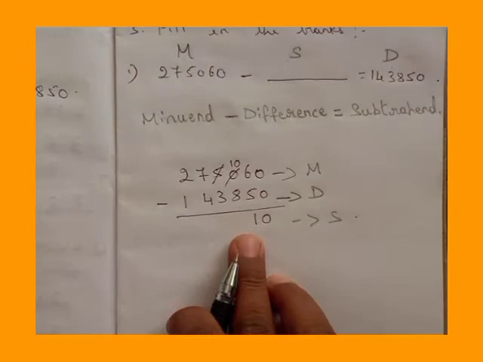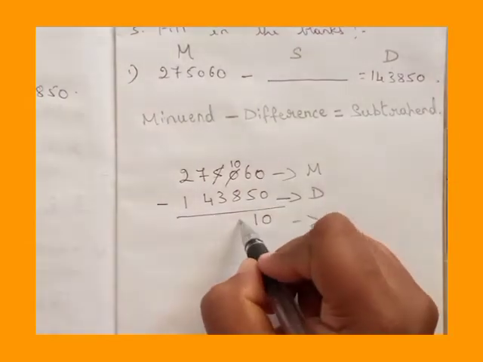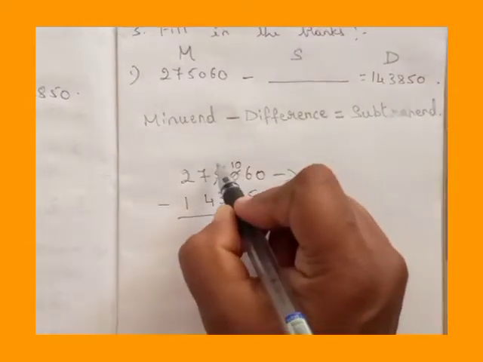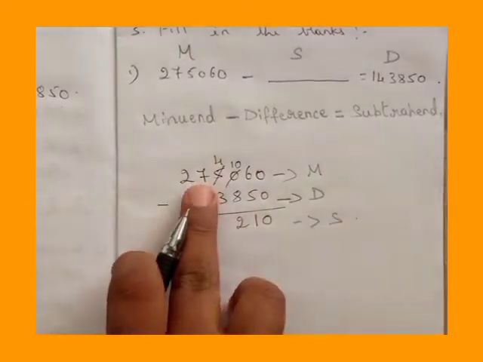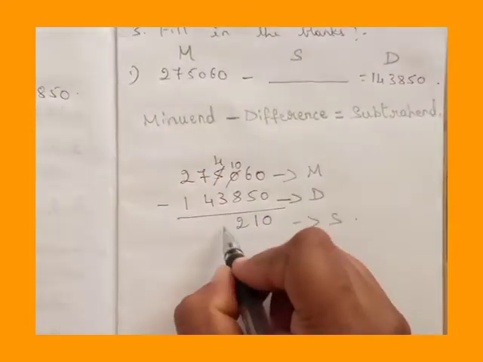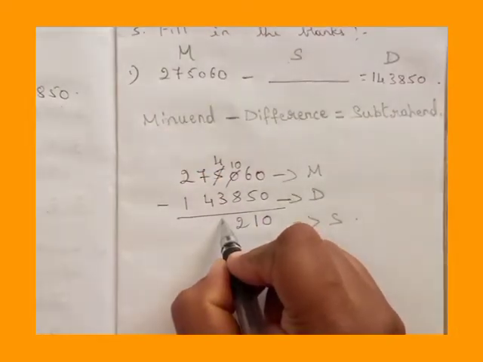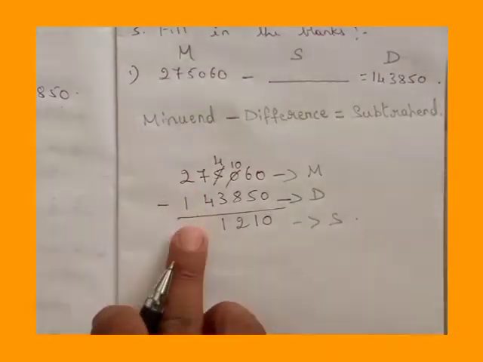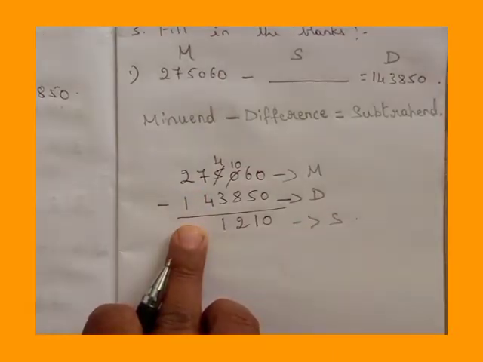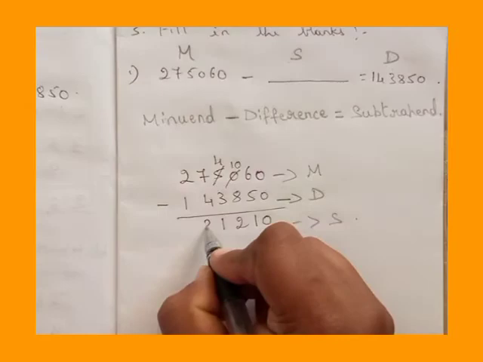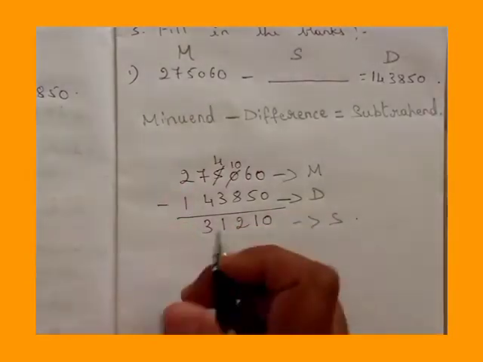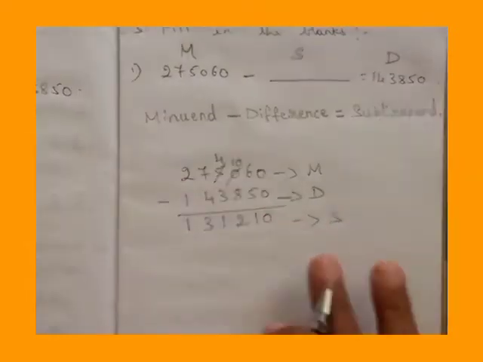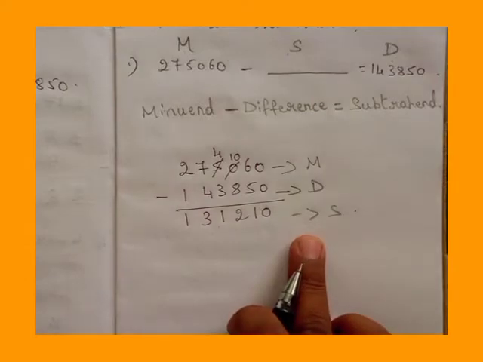Okay, 10 minus 8, how much? Yes, 2. How much is remaining here? 4 is remaining, isn't it? So 4 minus 3, how much is remaining? Yes, 1. Now 7 minus 4, how much? 3. Yes, you are right. 2 minus 1, 1. So what is the subtrahend, dear children?